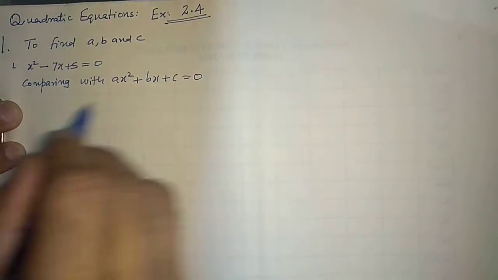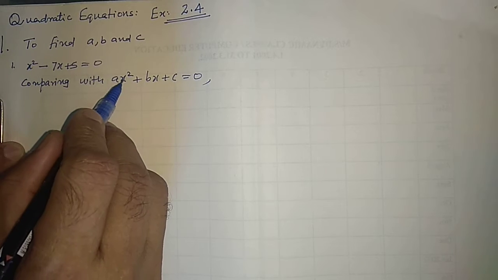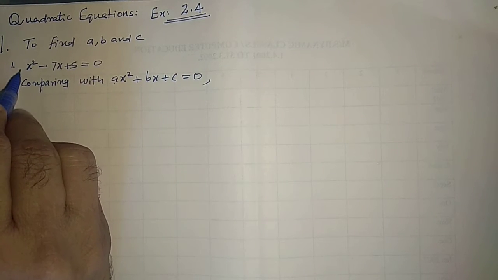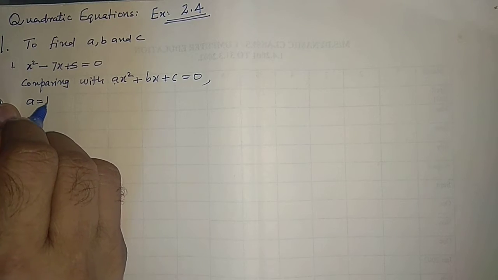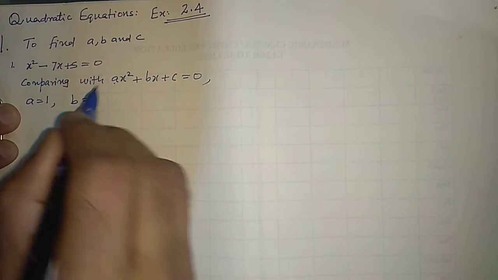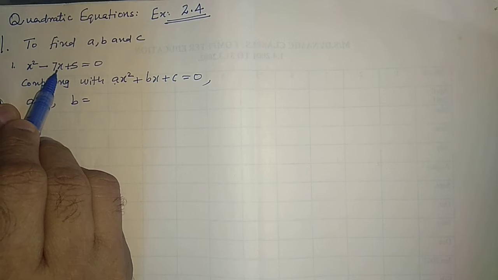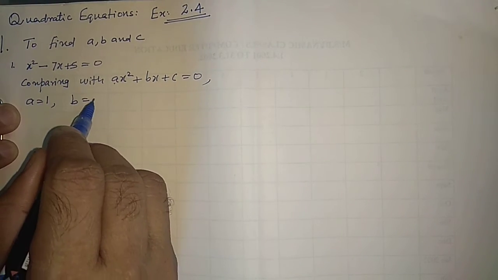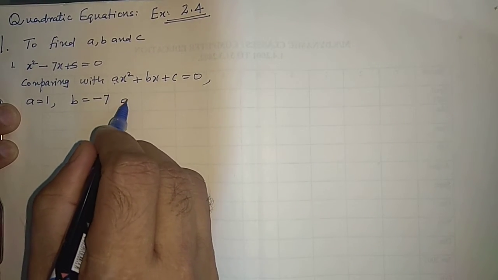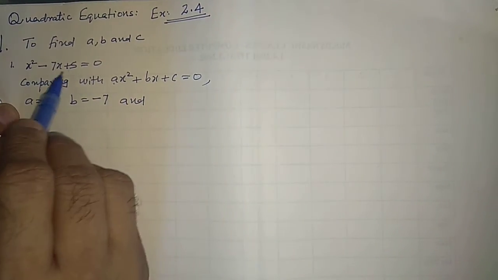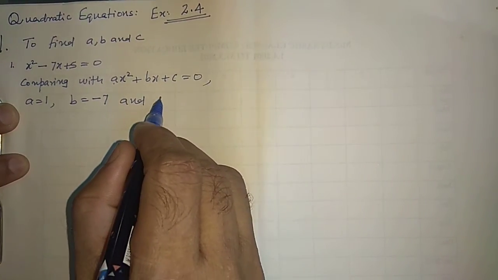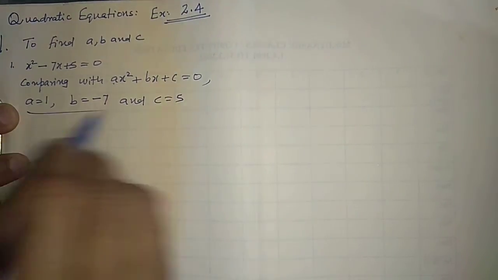The x square coefficient here is 1, since no number is written means 1 is there. So a is equal to 1. The x coefficient b is minus 7. And the constant term c is 5.